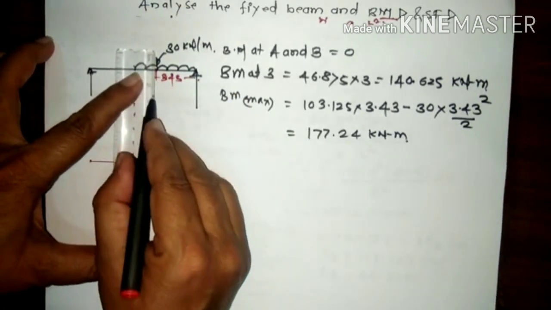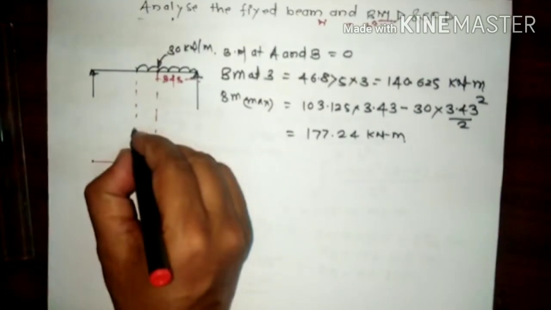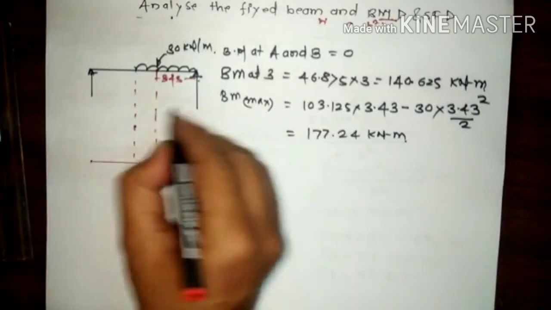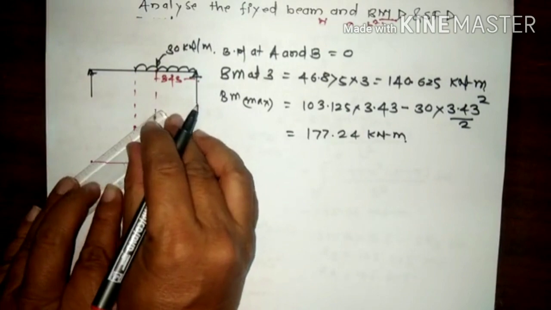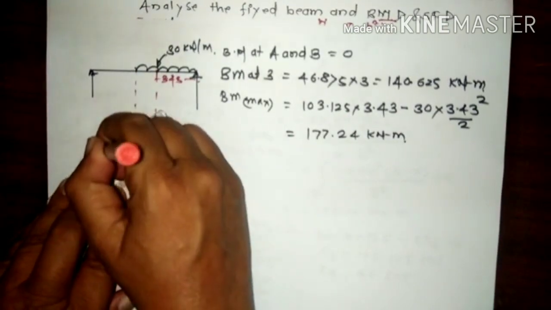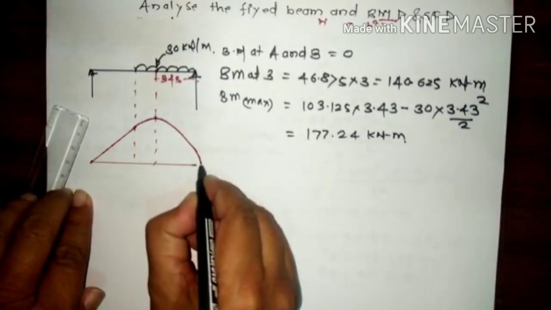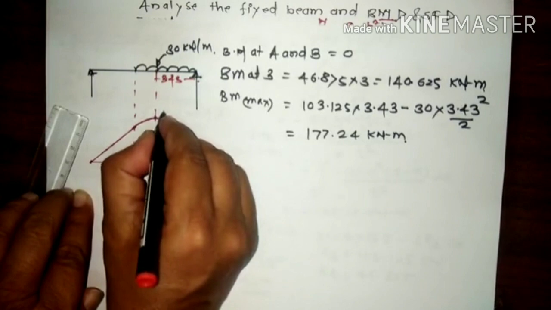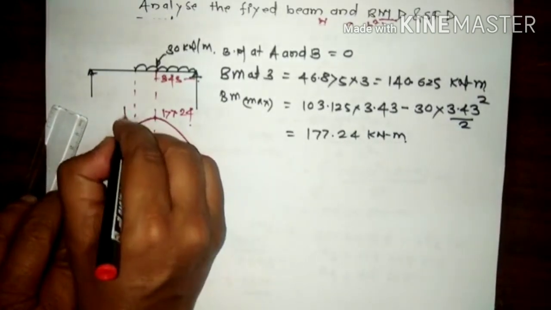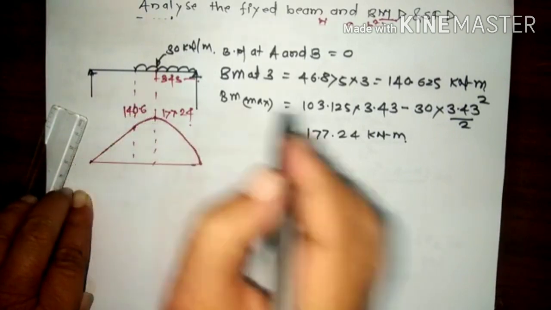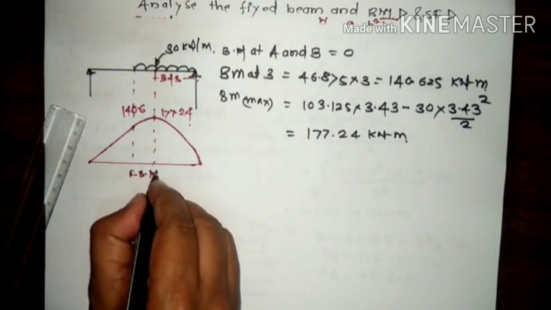So at this point it is 140, and here it is 177. We know this part is linear and this one is parabolic. This height is 177.24 and this is 140.6. Now this becomes the free bending moment diagram.